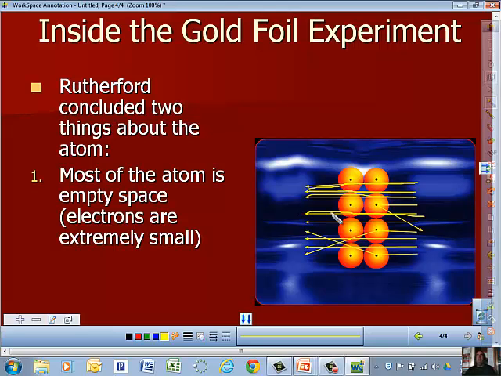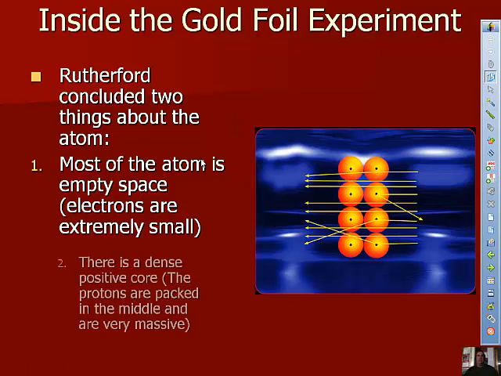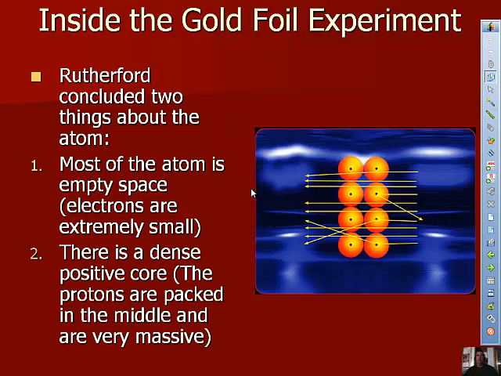And that would not happen if this thing was almost all positively charged. If this thing was mostly positive, this particle should come here and end up bouncing back. The second thing that he found out was that the positive charge that Thomson said was completely spread out, he said that all of that positive charge was going to be packed here in the middle.